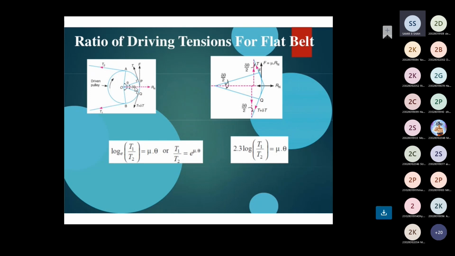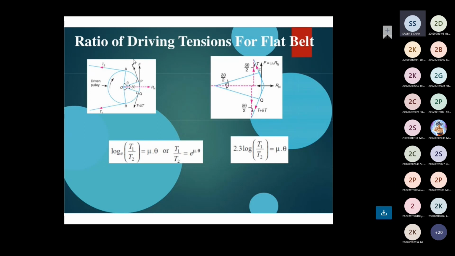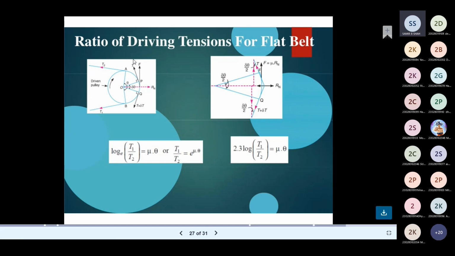The belt PQ is in equilibrium under the following forces. Tension T in the belt near the slack side at P. Tension T plus del T at Q, the tight side.